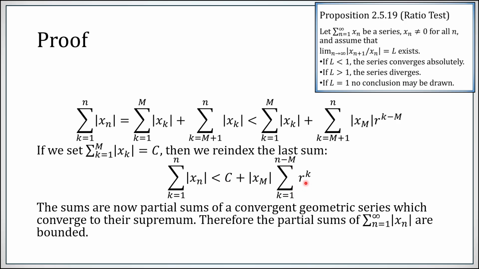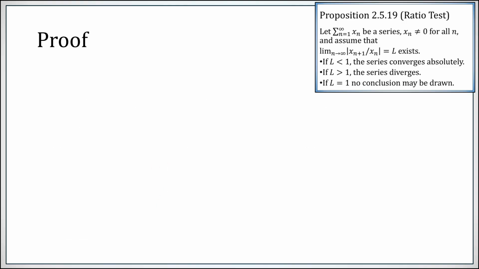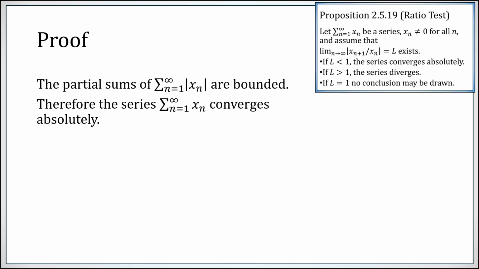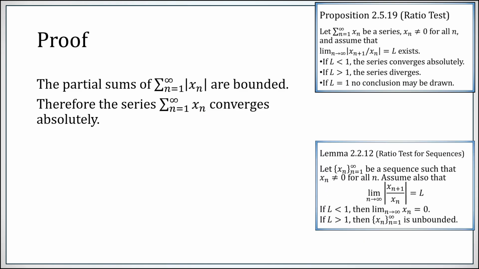Remember that the r we picked was between 0 and 1. So these are converging. Therefore, these are converging as well, thanks to the comparison test. So since the sum of the absolute values is converging, the original series converges absolutely, and that's all we needed to claim for the first bullet point.